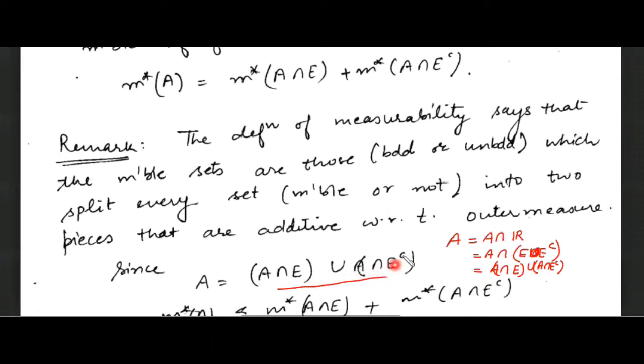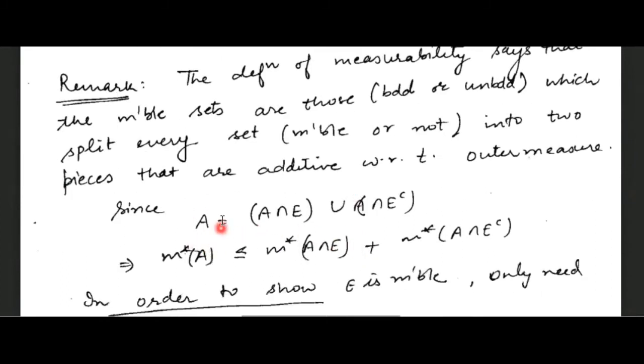So the set A can be written as A intersection E union A intersection E complement, right? So this implies that the outer measure of A will be less than or equal to the outer measure of this plus the outer measure of this, since we know that the outer measure satisfies the subadditive property. So the union is less than or equal to the summation. So this inequality always holds.